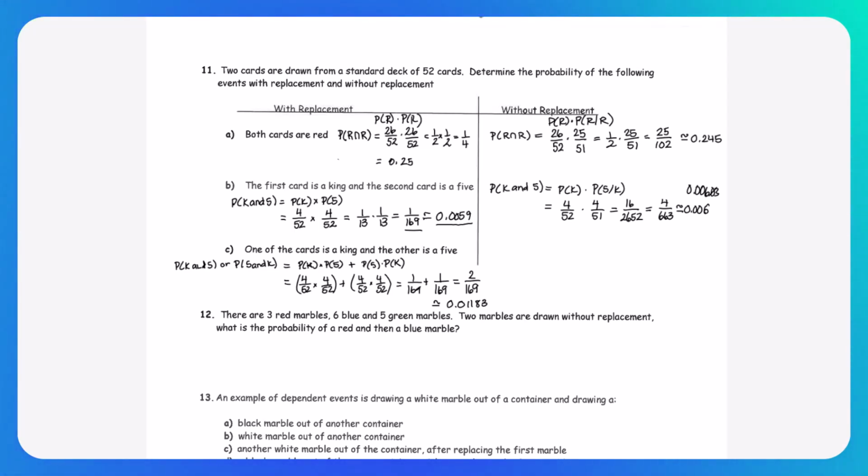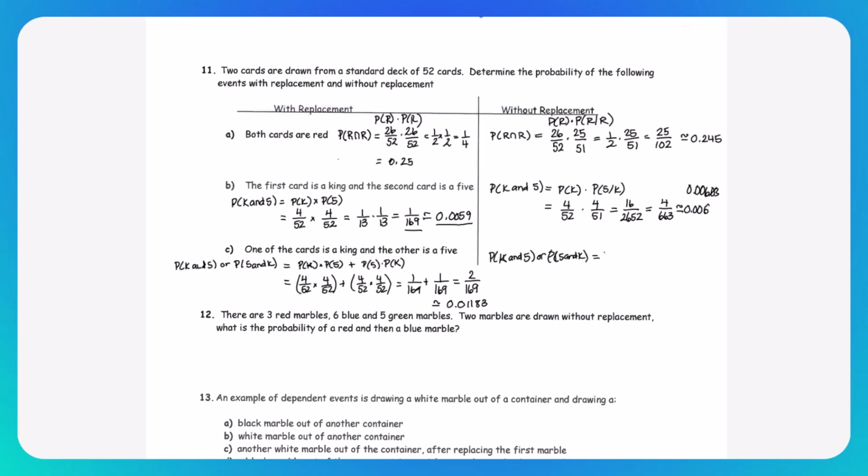Now, with these cases in the dependent event, we do have to really consider the order very carefully, because what's the probability of 5 and K looks a little different, remember?